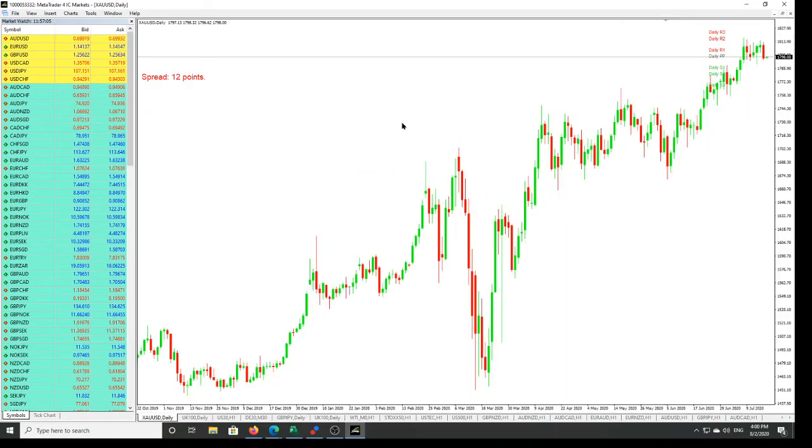Gold belongs to commodities, and it belongs to the metal side of the commodities. So when you talk about the metals aspect of commodities, you have gold, platinum, palladium, and copper.